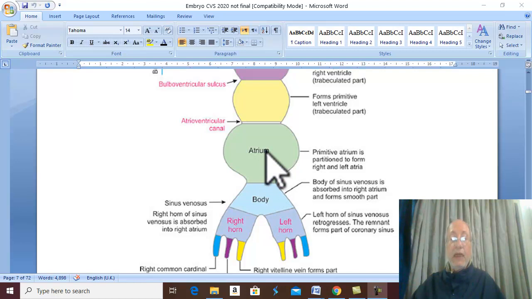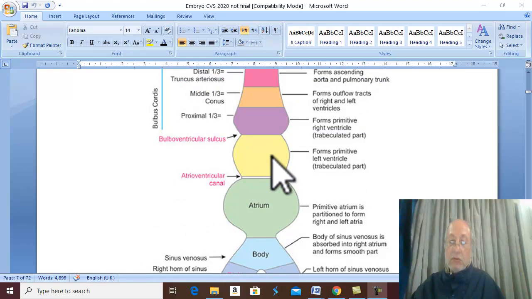More cephalic, cranial, there is the primitive atrium. Above, or cranial to it, is the primitive ventricle. This depression or sulcus between atrium and ventricle is called the atrioventricular sulcus.